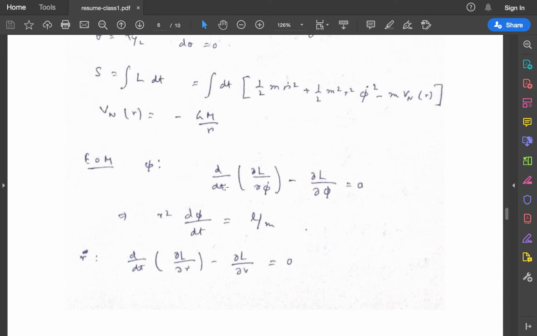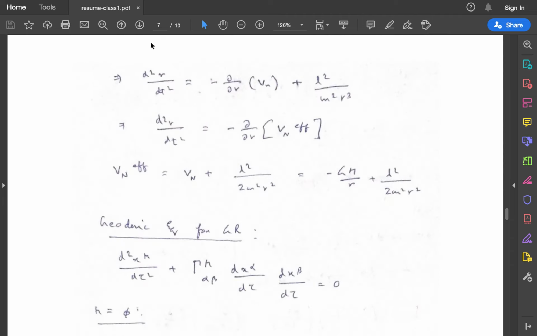Okay, we can also write the equation of motion for r, which gives d by dt of del L by del r dot minus del L by del r equal to 0, from which we can easily see, writing in terms of the total derivative, d square r by dt square equal to minus del by del r of this Newtonian potential plus an extra term, which is L square by m square r cube.